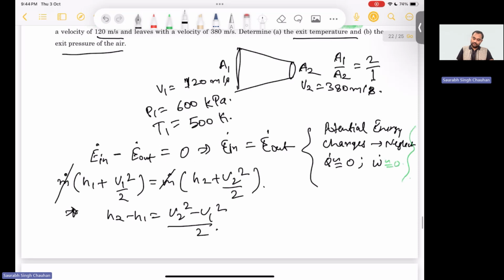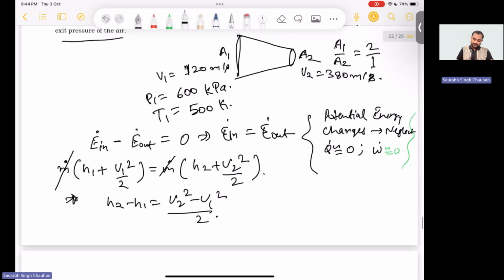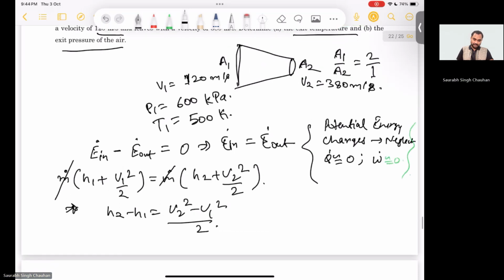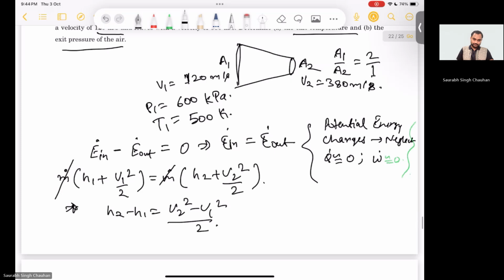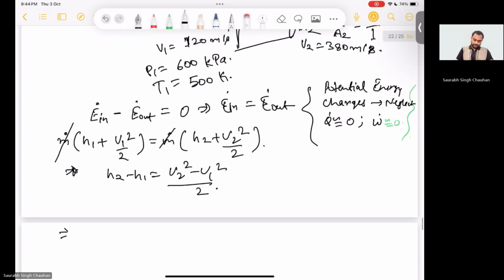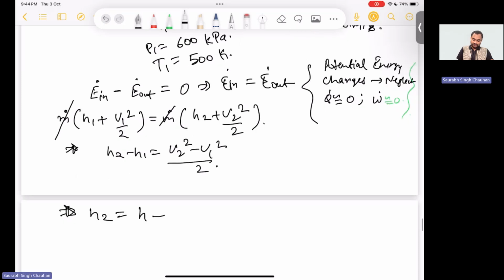So v1 we have, v2 we have, and enthalpy values we can find from the tables, steam tables, right? So enthalpy at inlet we can find from the steam table, and then we can calculate h2.